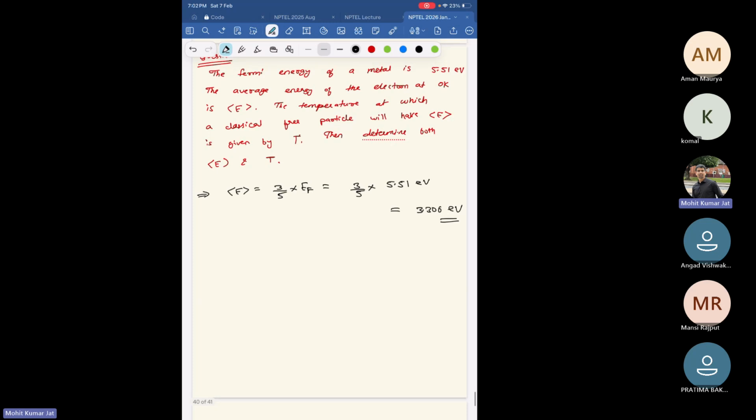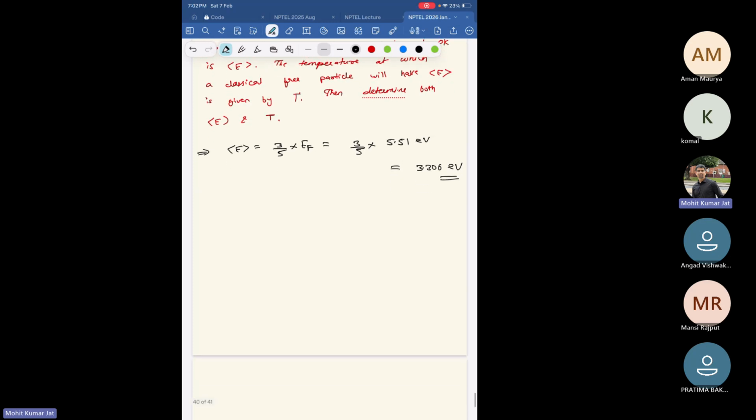The other part is asking: if there is a classical particle, at what temperature should I take the particle such that its energy becomes equal to this average energy. We know that in 3D, the classical kinetic energy per dimension is kBT by 2. In 3 dimensions you multiply by the dimensionality and it becomes 3 by 2 times kBT.